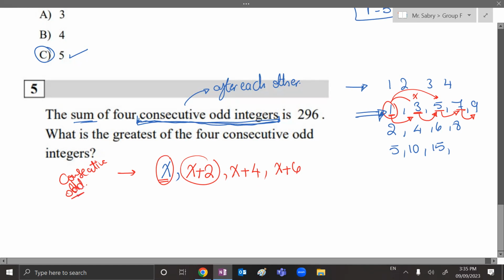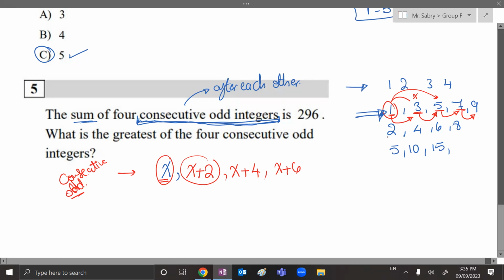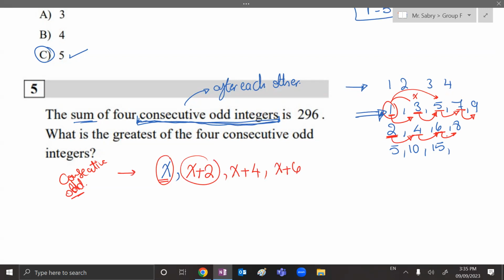So whenever they say consecutive odd or consecutive even, then we know that if the first one is x, the second one is x plus 2, the third is x plus 4. Odd or even will be represented exactly the same way, because the difference between the first even number and the next one is 2. It's always 2. And from 4 to 6, it's another 2. And from 6 to 8, it's another 2. So whether we're talking about odd numbers or even numbers, we always represent them by x, x plus 2, x plus 4, x plus 6.